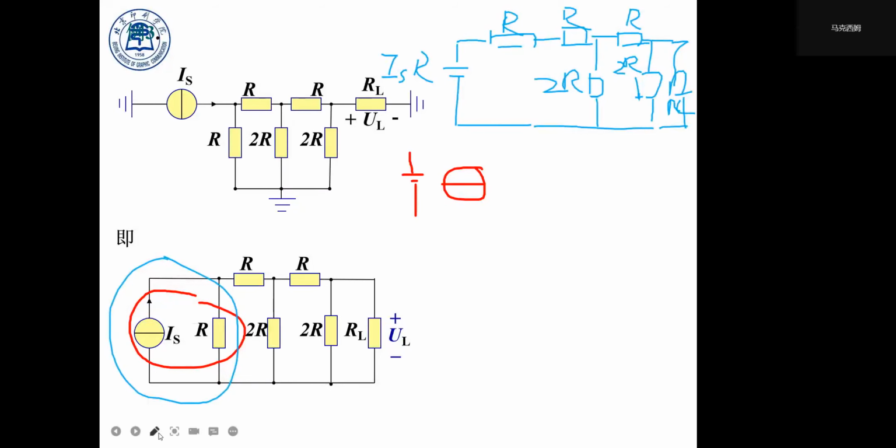So this next step, what we're going to do is, this is a series connection, so we can just replace them.